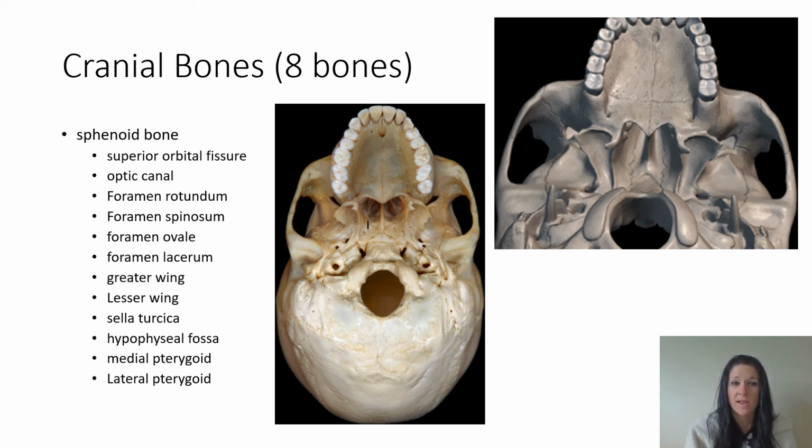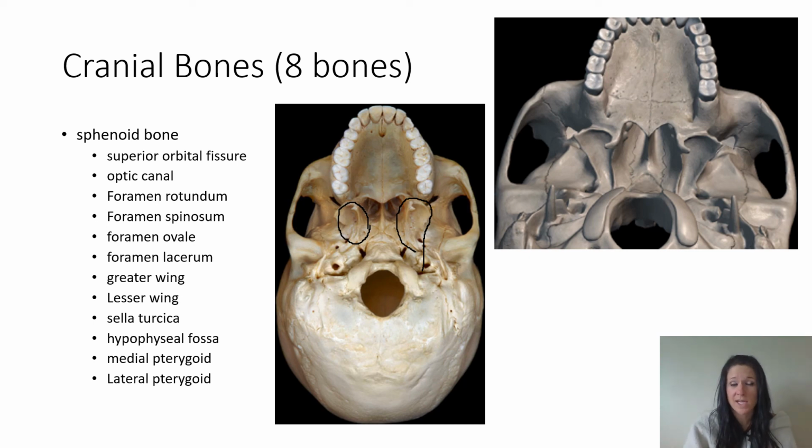There are going to be these leg-like projections that sort of meet up with the roof of the mouth there. So these are the pterygoid processes, and they're actually hanging down off of the sphenoid bone.